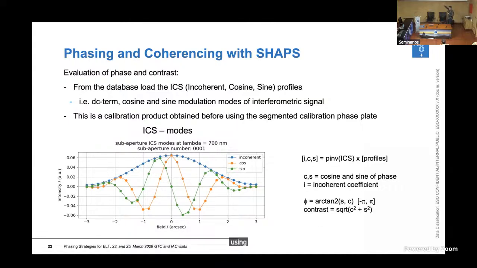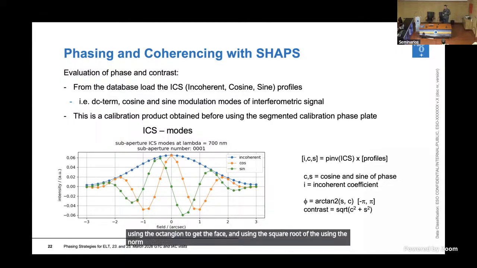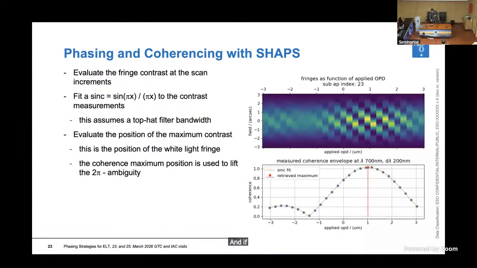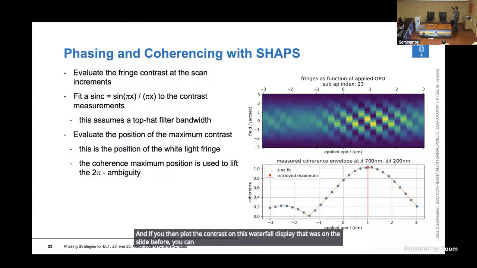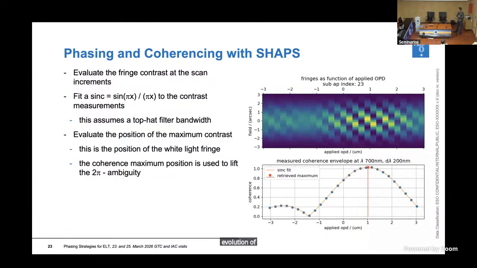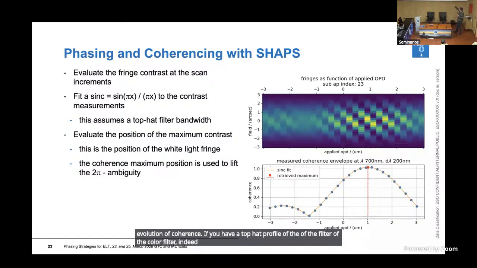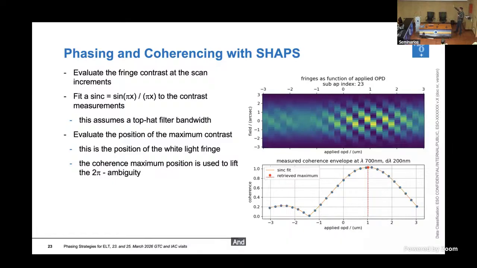Using the arctangent, you get the phase, and using the norm of the sum, you get the contrast. If you then plot the contrast on the waterfall display from the slide before, you can directly tell this is the evolution of coherence. If you have a top hat profile of the color filter, you indeed get a sinc function, and you fit this and get the position of the OPD.